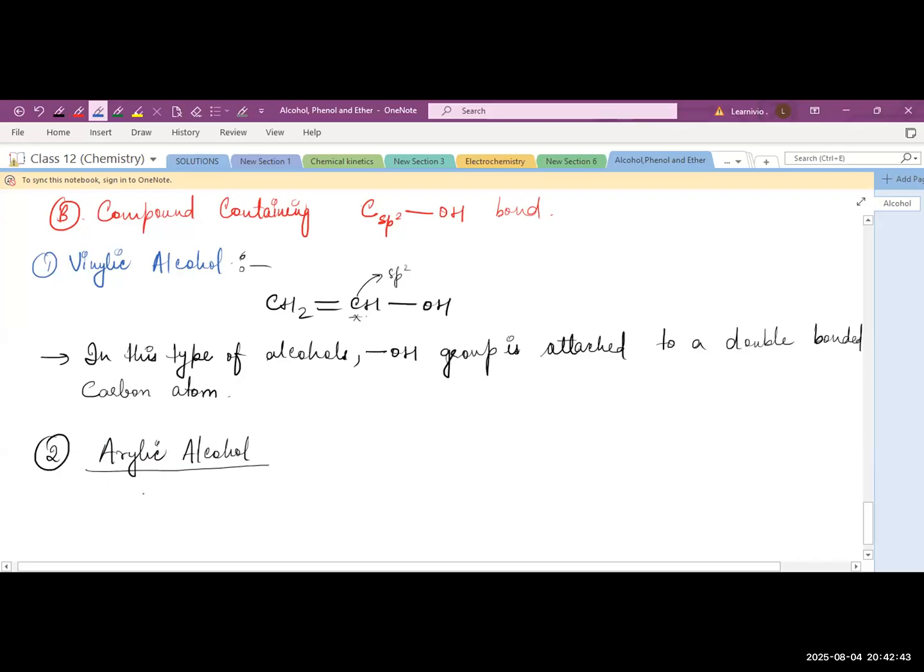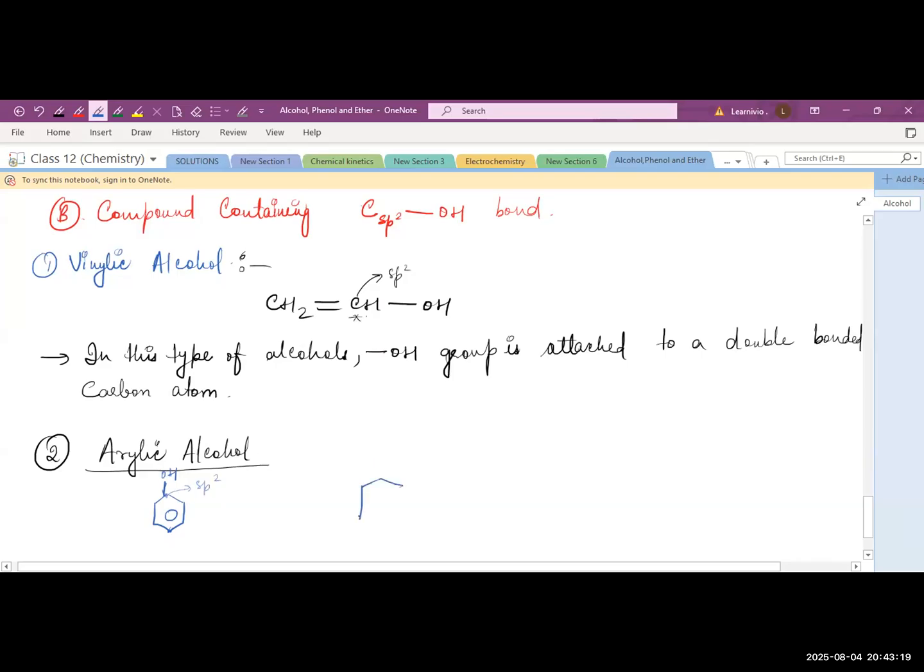Means when the OH group is directly attached to the aromatic ring, just like our case of your phenol, right? So in phenol, the OH group is directly attached to the aromatic ring, and you can see this carbon is your sp2 hybrid, right? So this is your phenol.